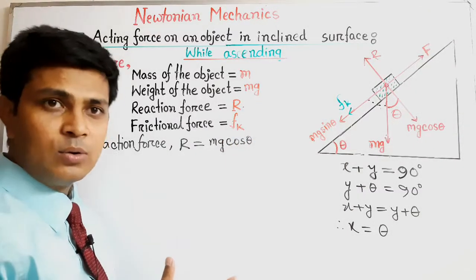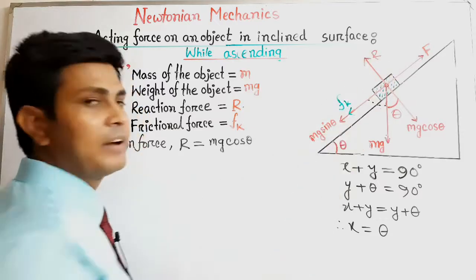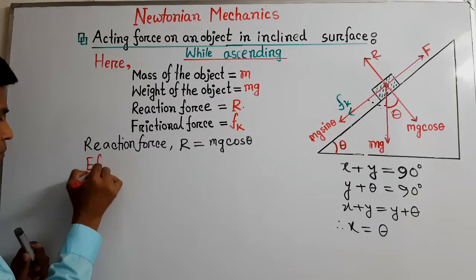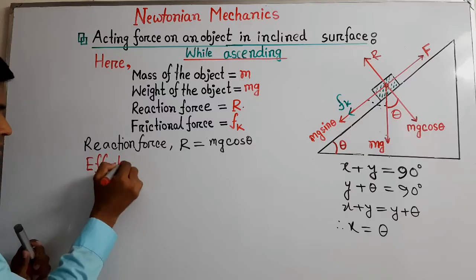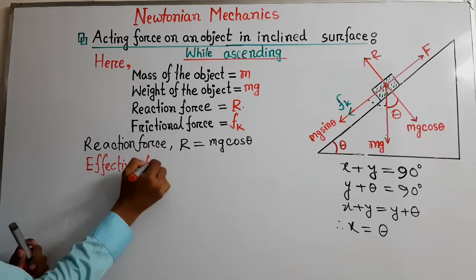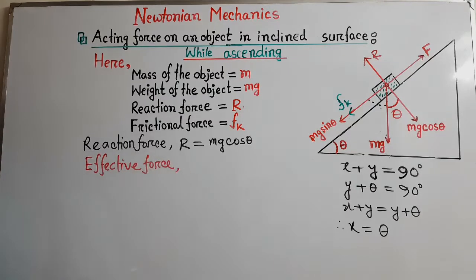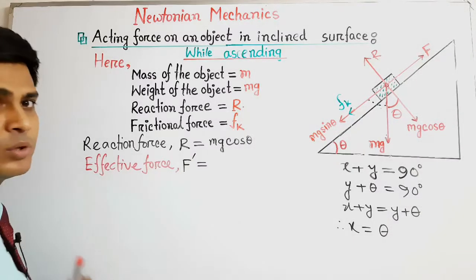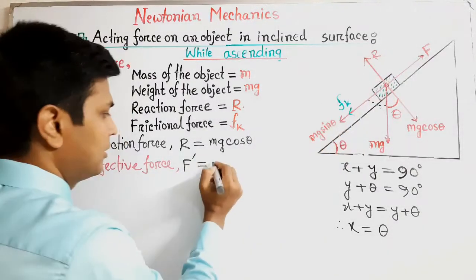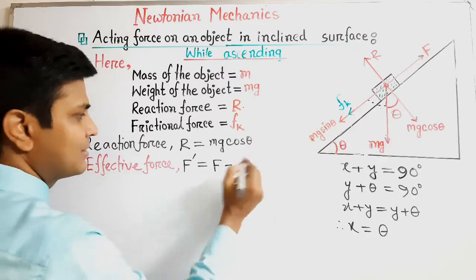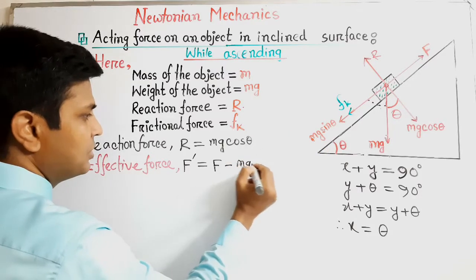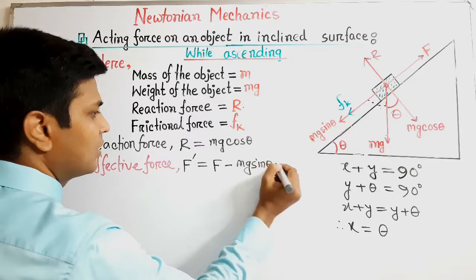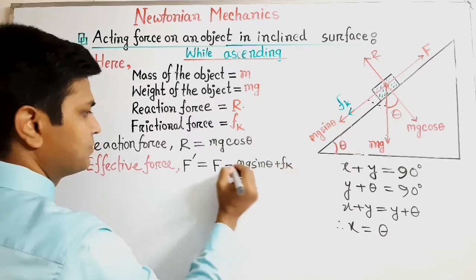And now we can calculate the effective force. The effective force, which is represented by F prime, we can write F prime equals F minus mg sin theta plus Fk.